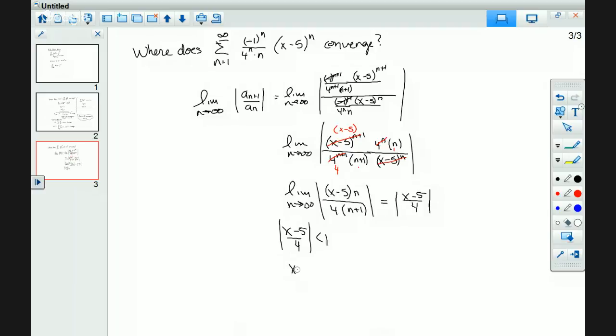So we have at least part of our interval, the radius of convergence, right? Now we have to test the endpoints.